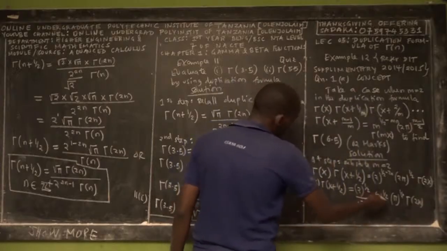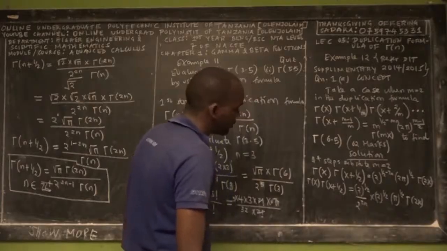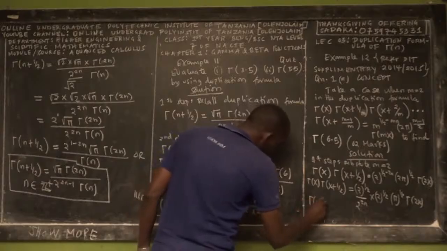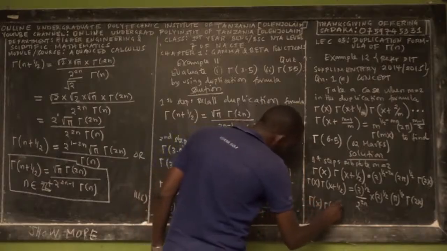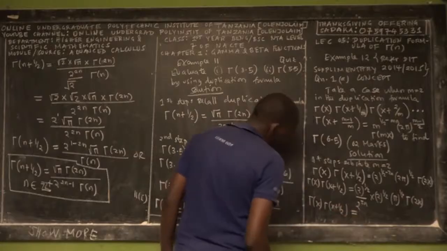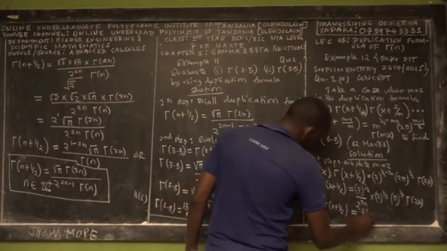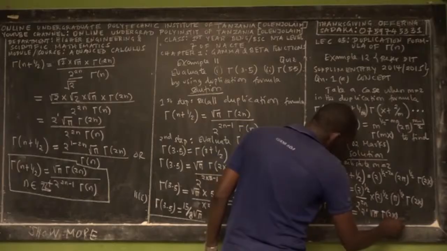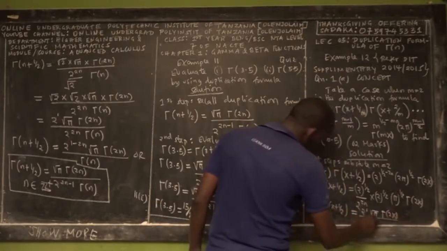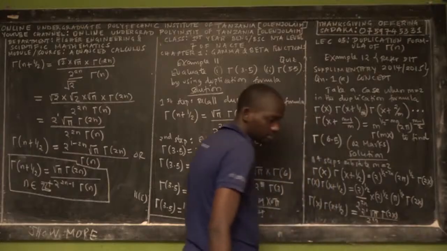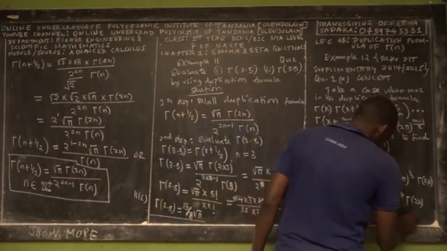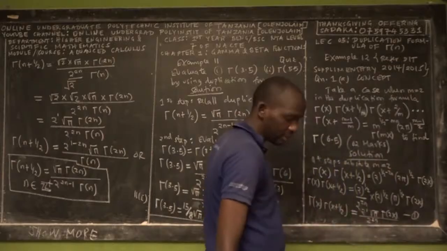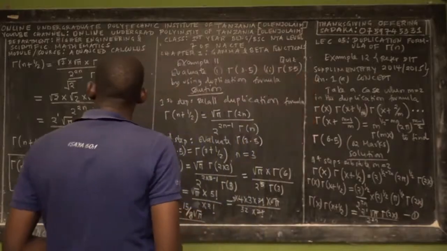Because this is the same base, add the exponents: half plus half is equal to 1. So simply, gamma of x times gamma of x plus a half is equal to 2 power 1, root of pi, gamma of 2x, over 2 power 2x. So let us make gamma of x plus a half the subject.